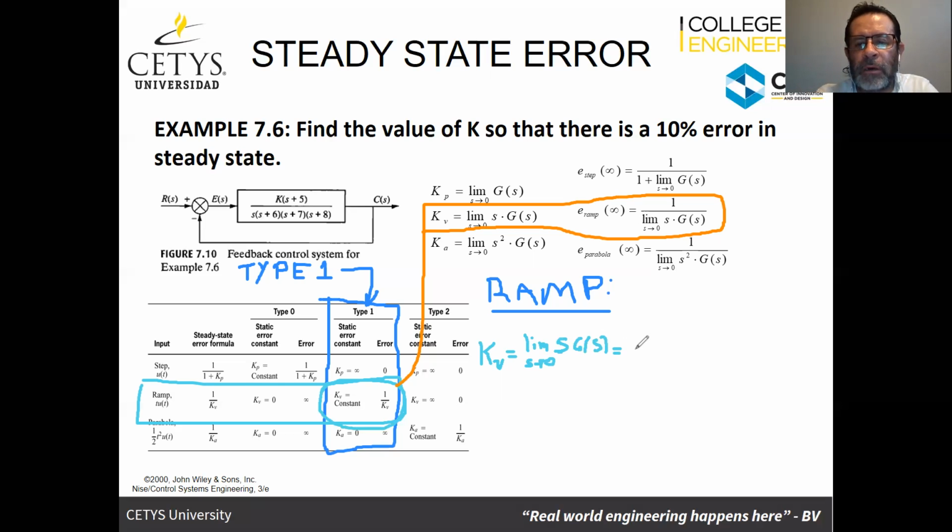And for the transfer function we're working with, we've got K, which is a parameter we're looking for, times S plus 5, divided by S times S plus 6, S plus 7, and S plus 8.